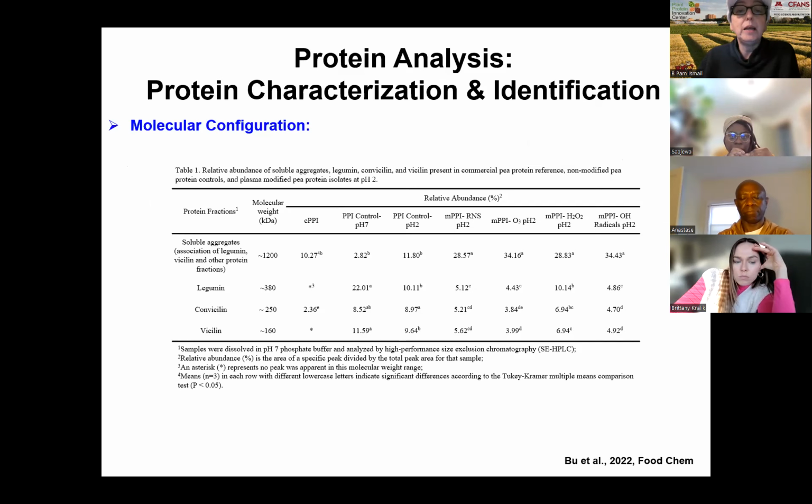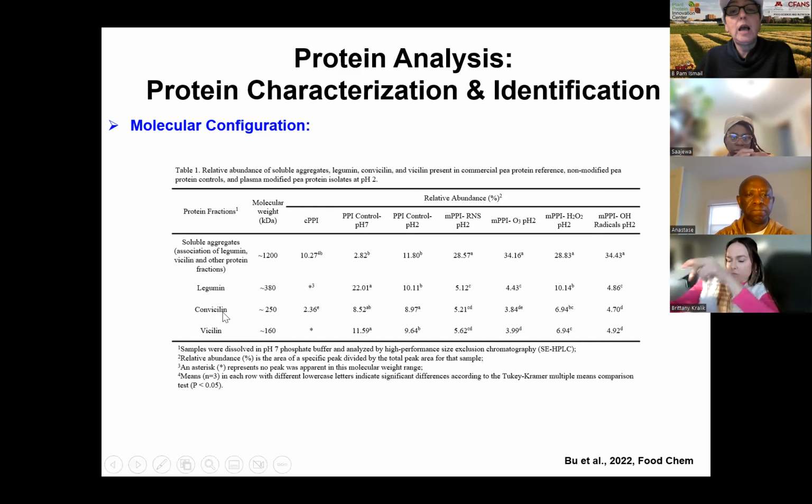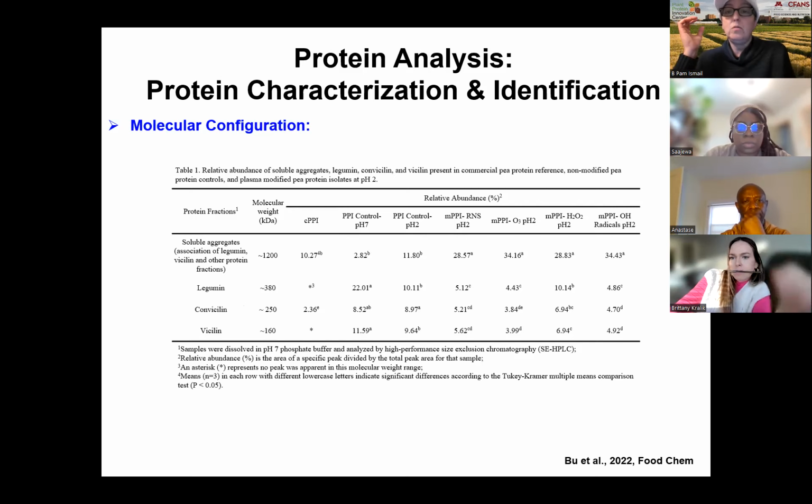So that's one application. Another application here is looking at, again, cold plasma and how that changes the molecular weight distribution. So in here, we run standards and we can determine the molecular weight of our different components.